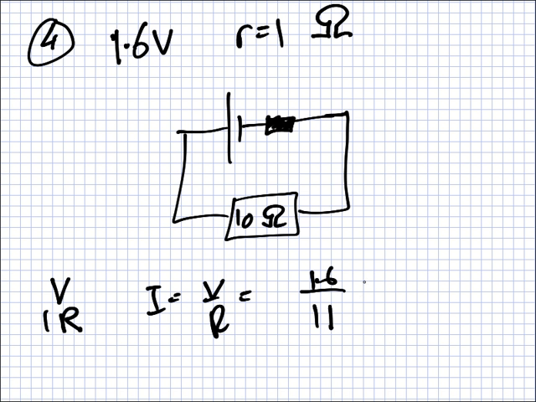What did you get there? There's internal resistance. Oh yeah, that's 1, isn't it? I added that to the 10. Ah, well done, Matt. You used Kirchhoff even though you didn't have to, and I think you got the same answer though. 1.6 over 11. Is that 0.145?